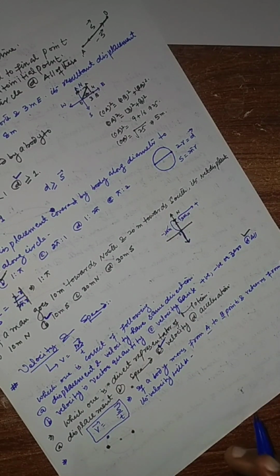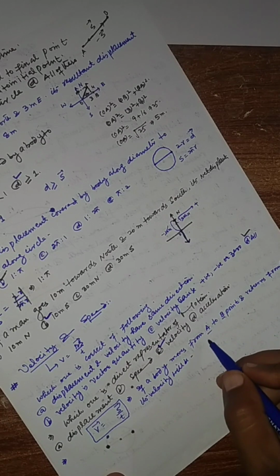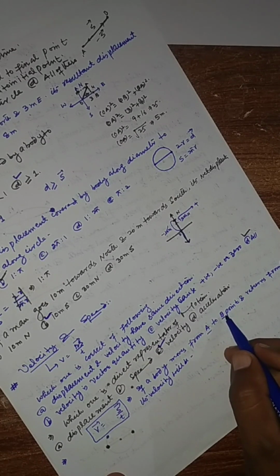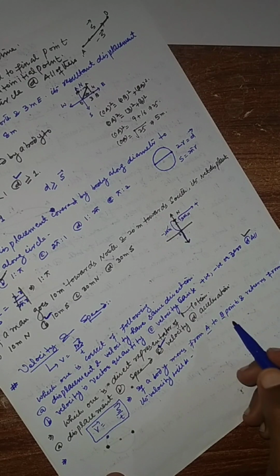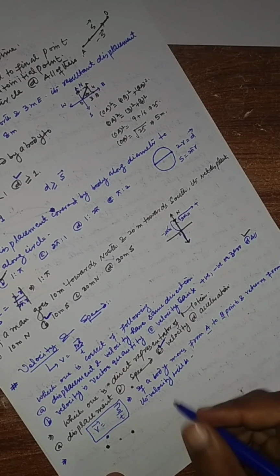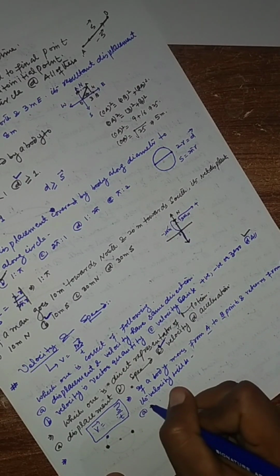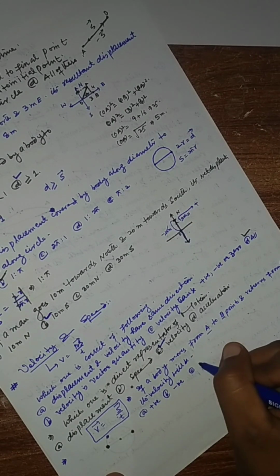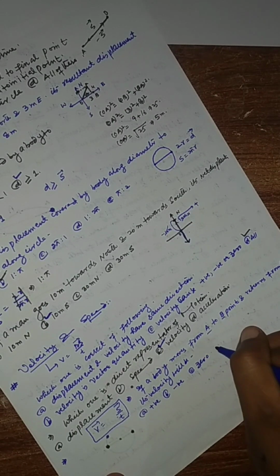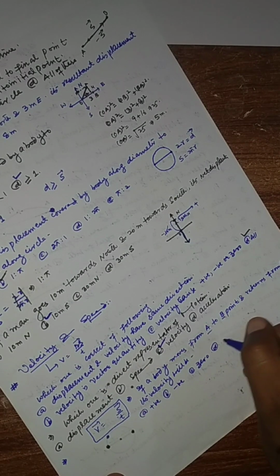If a body moves from point A to point B and returns from B to that of A point, then its velocity will be positive, negative, 0, or D, cannot be predicted.